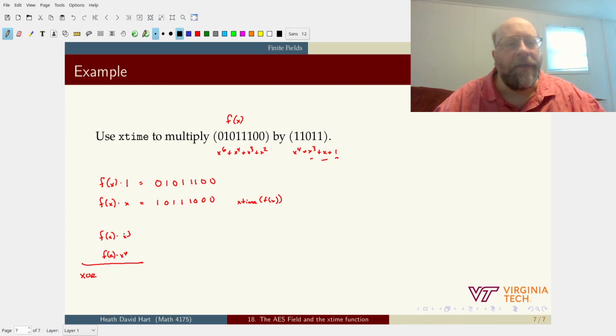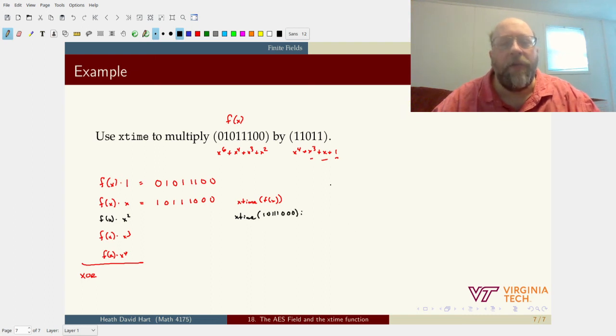To get to x cubed, we're going to temporarily figure out what f of x times x squared is. That will be xtime of this polynomial here. Multiplied by x squared is the same thing as taking the previous polynomial and multiplying by x.